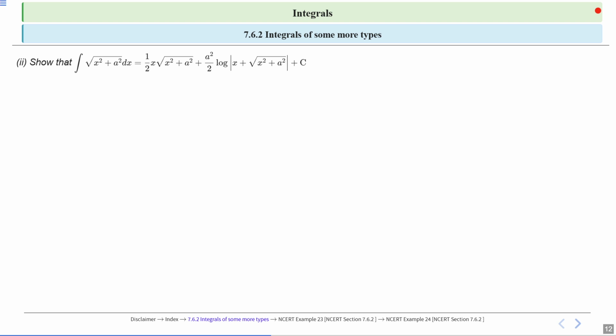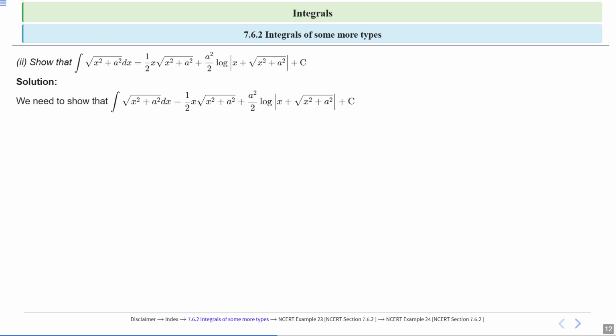So let's see how we derive this formula. So we need to show the formula of integration of root under x square plus a square dx is x by 2 root under x square plus a square plus a square by 2 log mod x plus root under x square plus a square plus constant of integration.